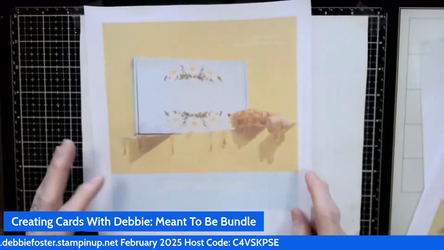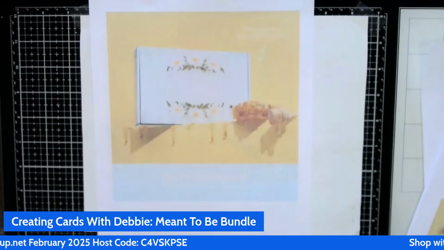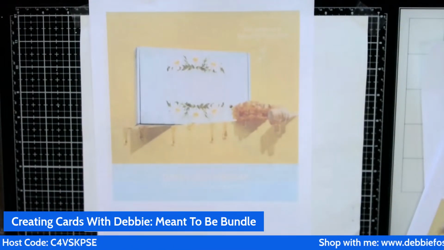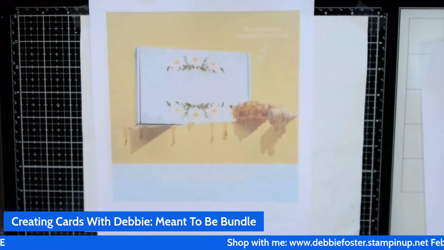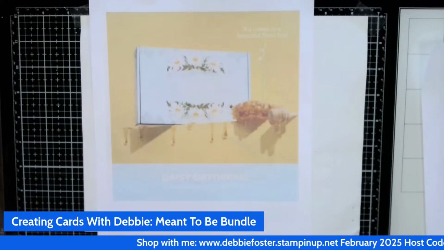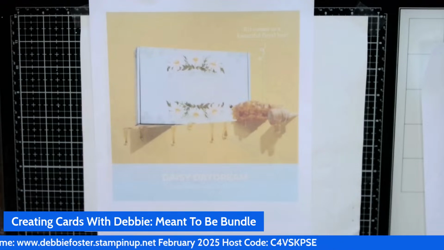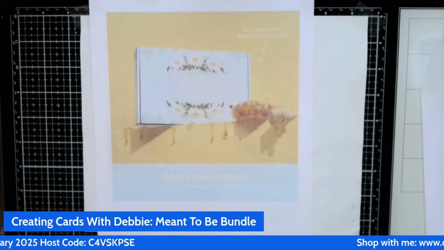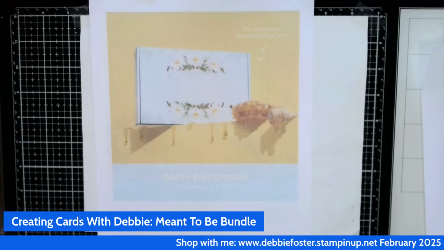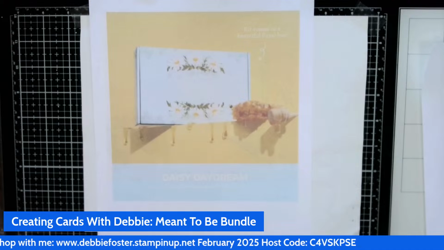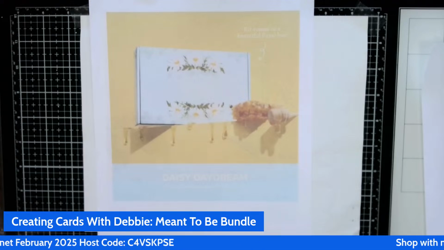Okay, Paper Pumpkin for the month of March is called Daisy Daydream. And you've got until March 10th to sign up for this kit. And let me bring my comments back up here. Oopsie, what did I do? Okay, like I said, the March kit is Daisy Daydream, and you've got until March 10th to sign up for this kit. And what it is, it says, send sweet greetings with gorgeous cards featuring bees, honeycomb, and daisies.